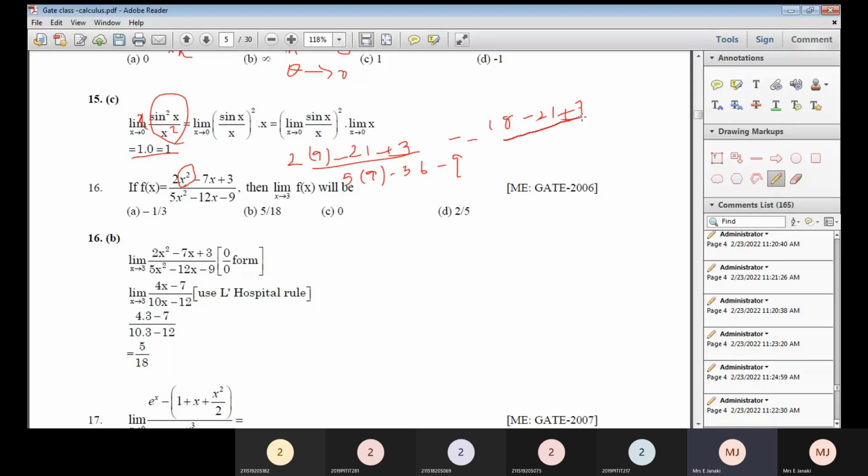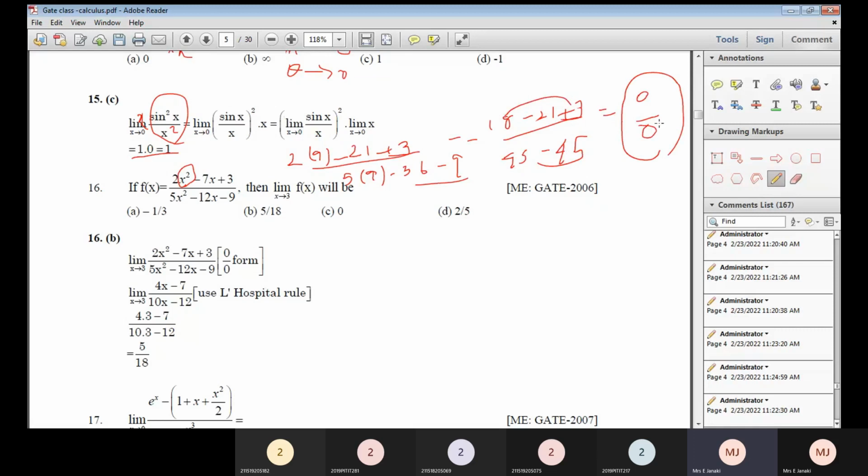Simplify this: 45 minus 36 minus 9 becomes 0. So 18 minus 21 plus 3, the numerator becomes 0. And the denominator is also 0. You are getting an indeterminate form, 0 by 0 form.